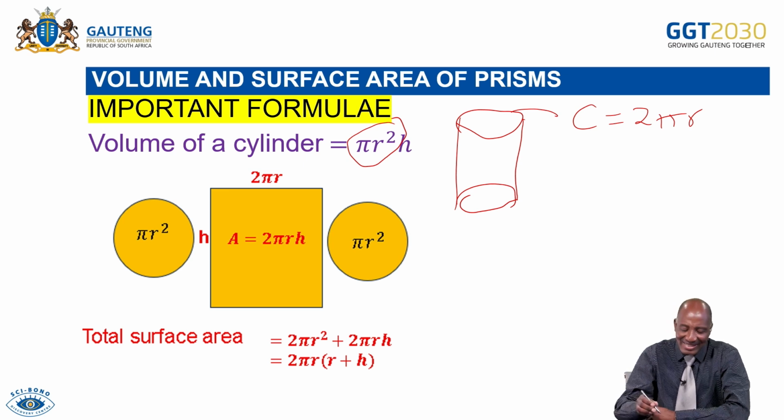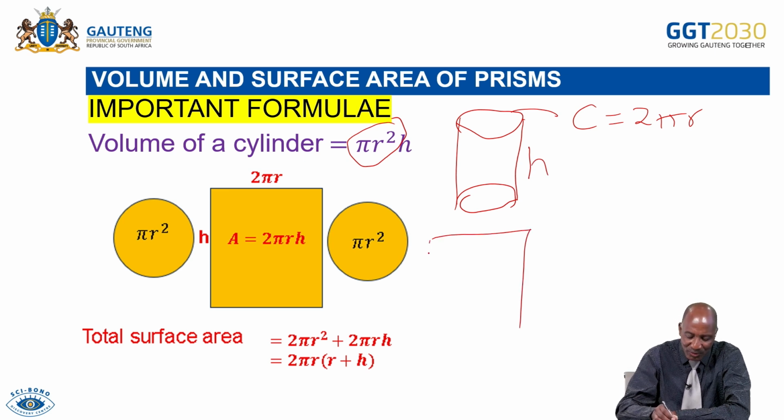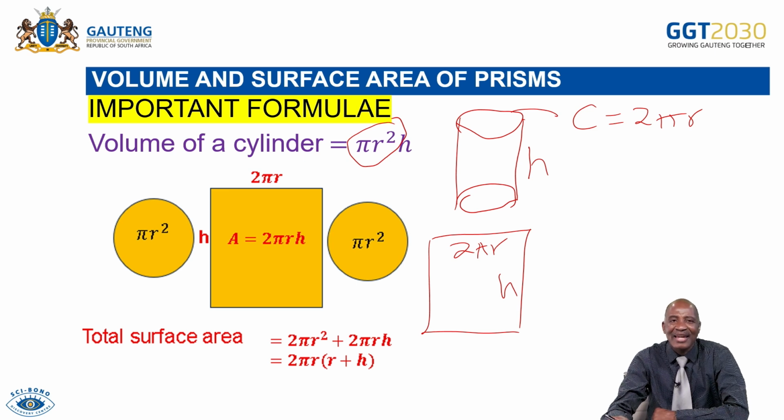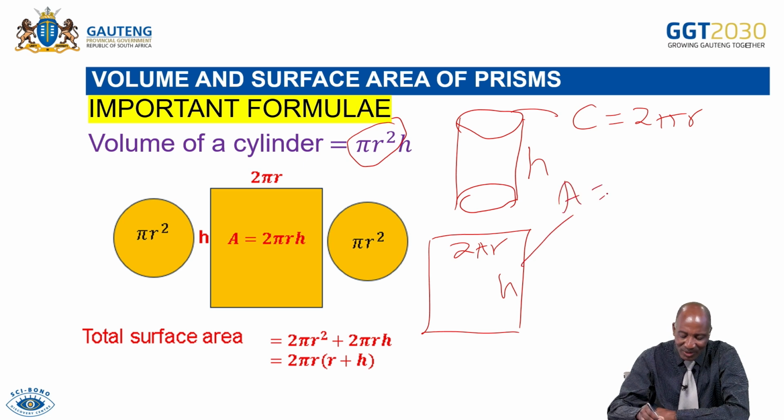Then when we cut this thing open, what was the curved circumference now becomes one of the dimensions. This is your height, this is your circumference. So when you cut this thing open, it will form a rectangle whose dimensions are 2 pi r, which was the curving part, and then h, which is the height. Therefore, your area is going to be length times breadth. Our length is whichever looks longer here.